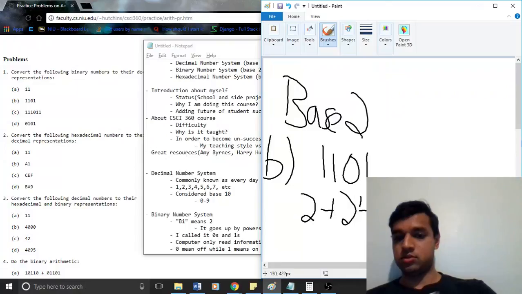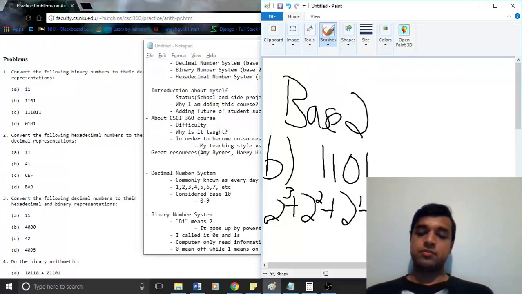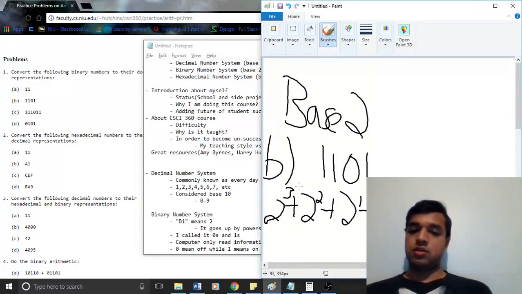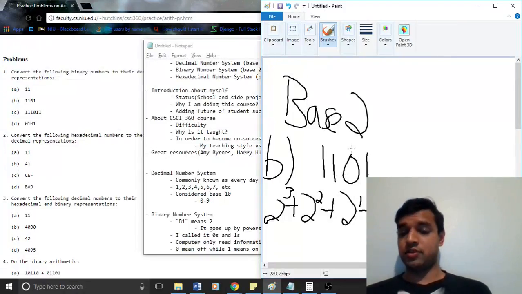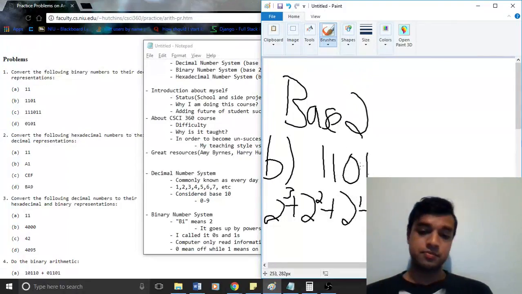Next one is 2 to the second. Next one is 2 to the third. One thing that you have to keep in mind, it's always great to write out every one of these values, but make sure if there is a 0, you cross it out.